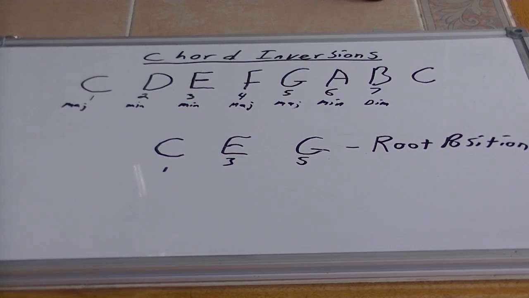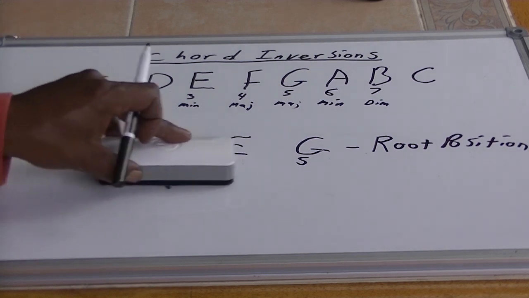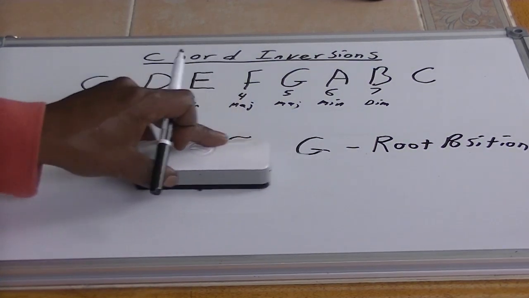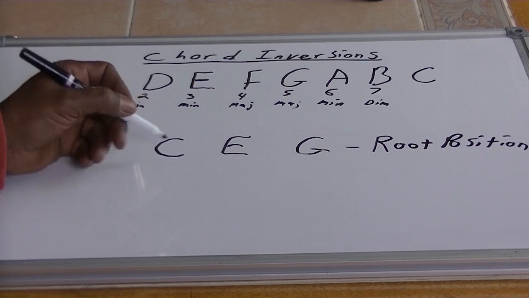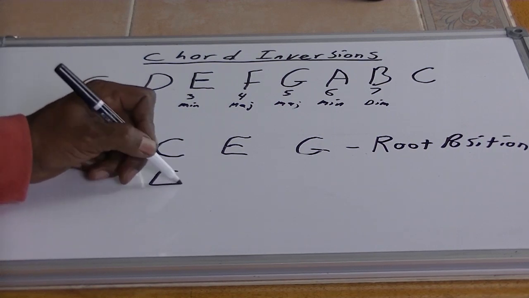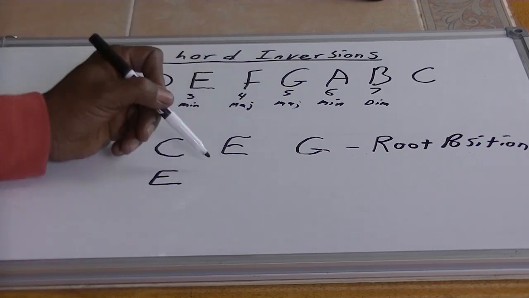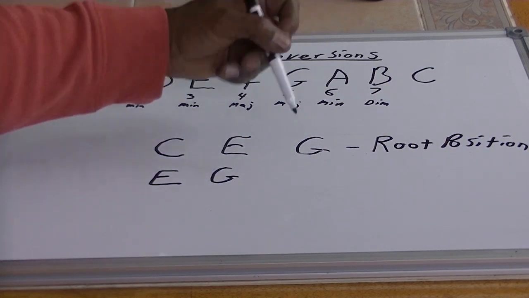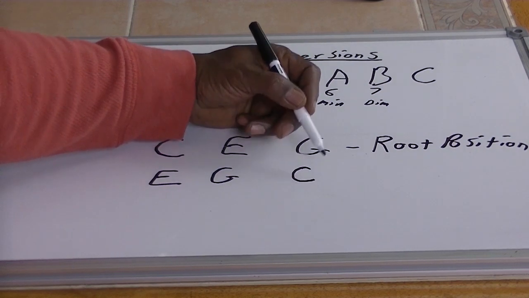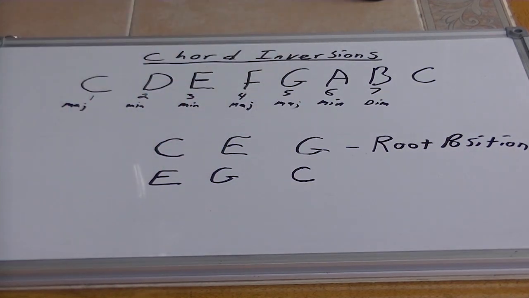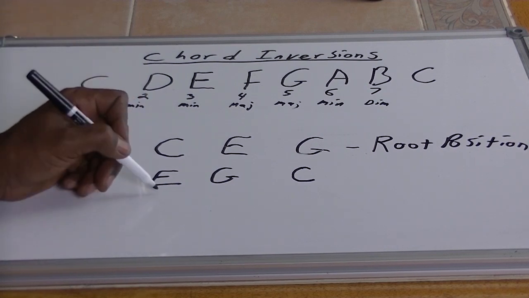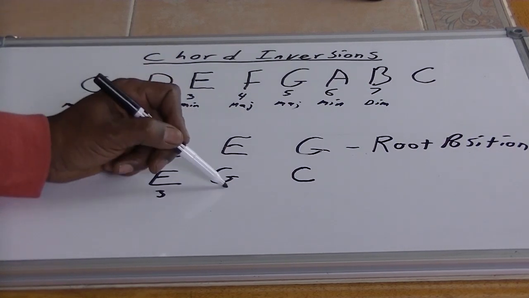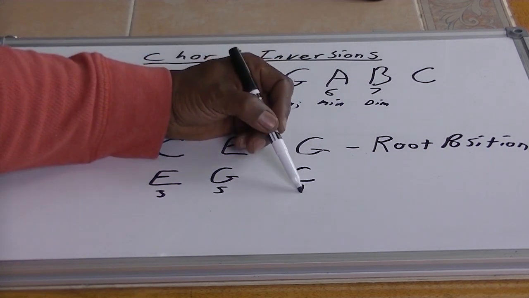Now let's look at what happens when we choose E as the first note of the chord. I'm just going to take this out of here because I don't want to get crowded for space. So we start with the E, proceed upward to the G, and upward to the octave C. So now we have E, G, C. And if we analyze this in terms of our numbers, we have 3, 5, 1.